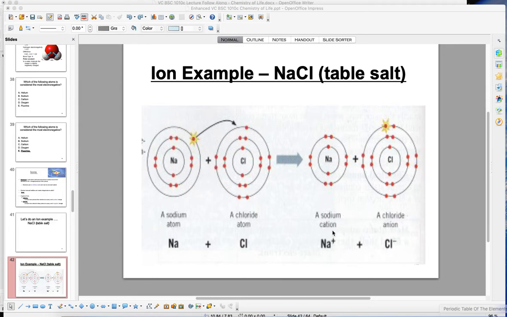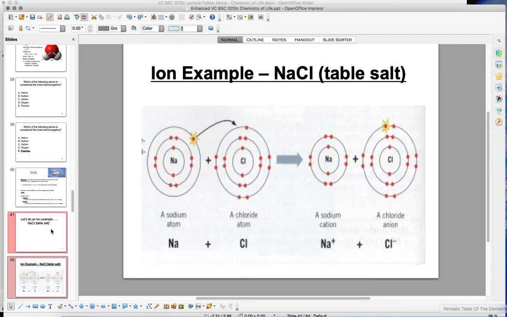Sodium becomes plus 1, because it's more positively charged since it lost an electron. So this forms a cation. Now the attraction of a cation, a positively charged ion, and an anion, a negatively charged ion, comes together to form an ionic bond. So that's how that all works.